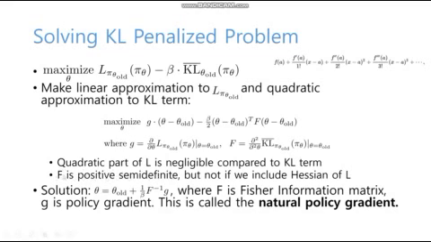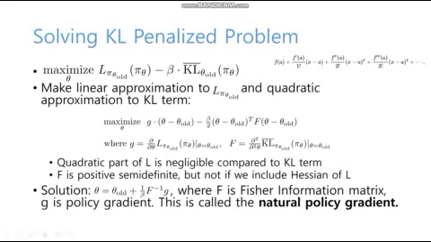If F is positive semi-definite, then we can approximate calculating this F inverse using an algorithm called the conjugate gradient algorithm, because usually calculating F or F inverse requires a lot of computation.